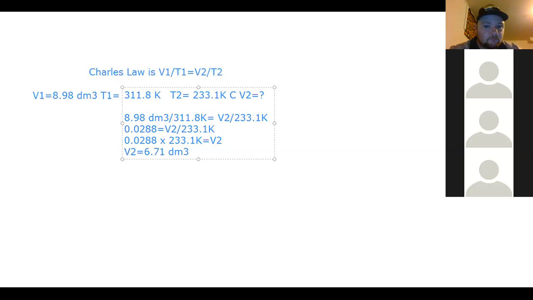I thought Avogadro's was pretty easy. And so was the ideal gas law. It wasn't that bad, except I was mixing up N's. N will always be moles. Yeah, N will always be moles.